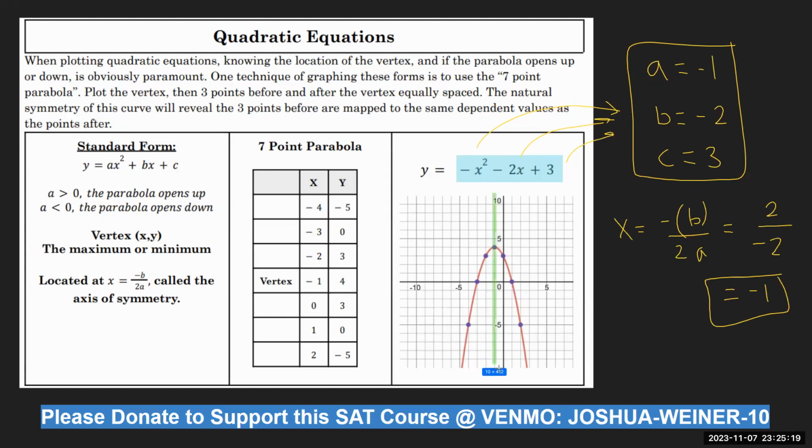I'll draw a vertical green line. That's where the vertex is. So we need to take this formula and plug in x equals -1 to find the vertex. When we do that, we get, I'll erase these drawings. Oops, maybe I'll just put a black card over it, it's faster.